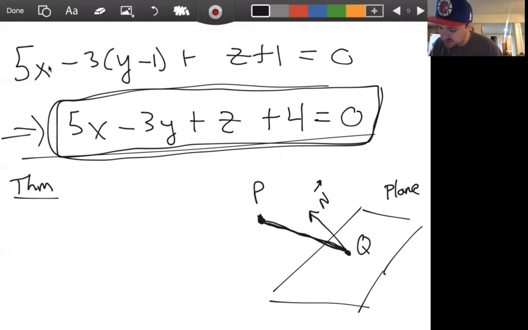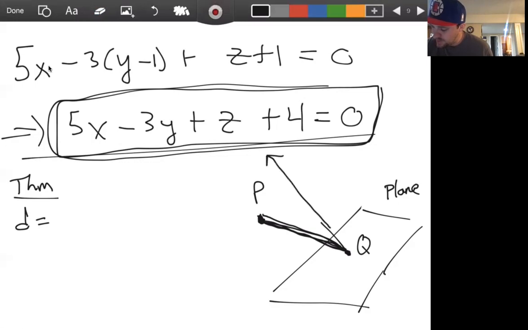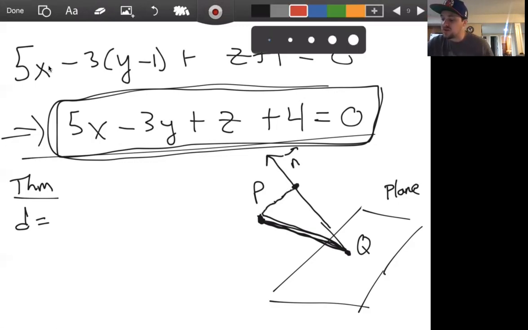So we'll call this distance d here. We don't want this full vector here. What we want, so let's say n is longer than p. So here's our normal vector. The distance we want is the closest distance, right?